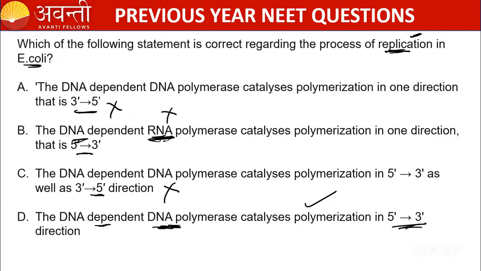First, you have to see the prime. It is always synthesized in the 5' to 3' direction only. When we talk about DNA dependent RNA polymerase, it is in the case of transcription. If they had given transcription instead of replication, option B would be correct. The correct answer is option D.